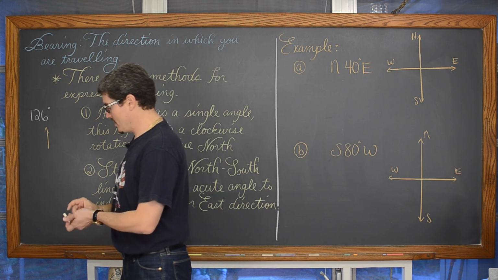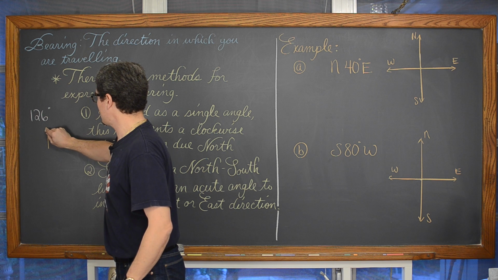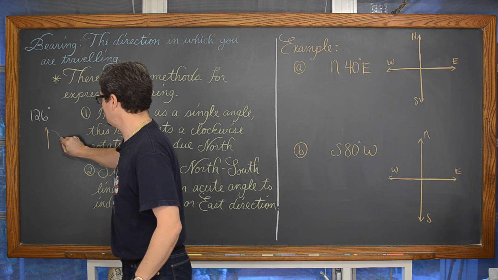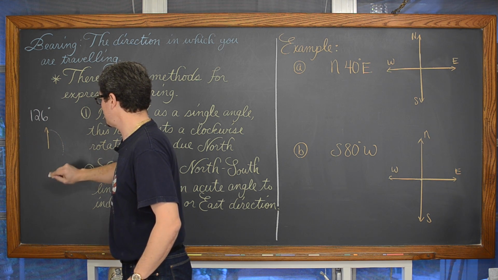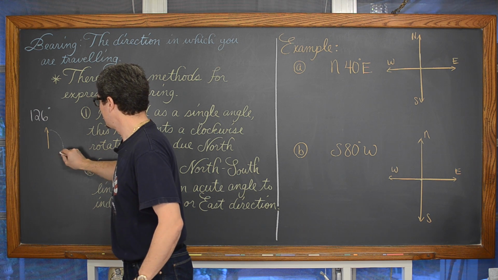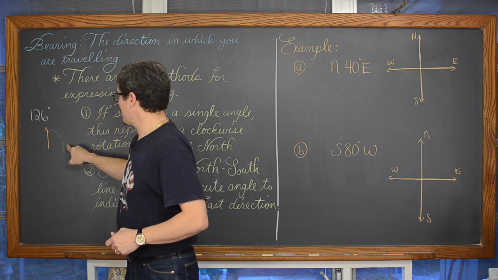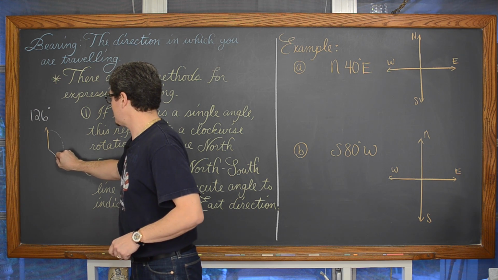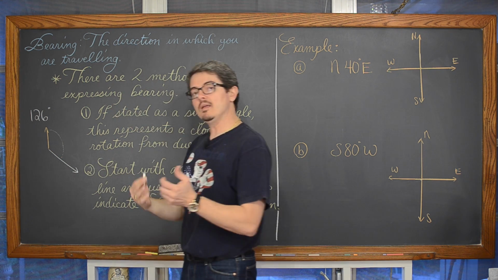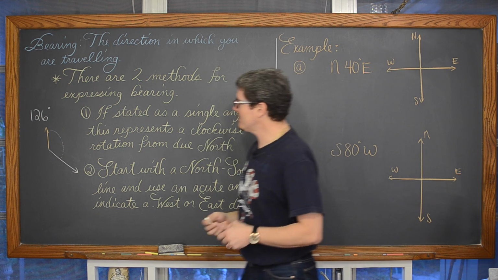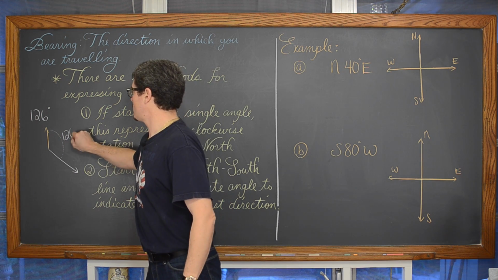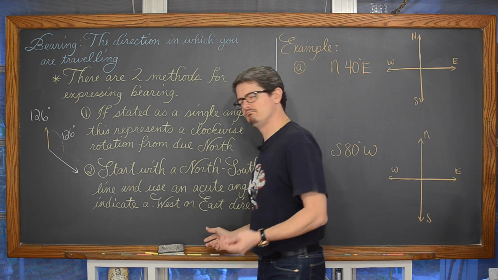We're going to rotate in a clockwise direction, and I'm not using a protractor here, so just doing my best guesstimate. That's a little bit 36 degrees more than 90. So this white ray would indicate movement at a bearing of 126 degrees.